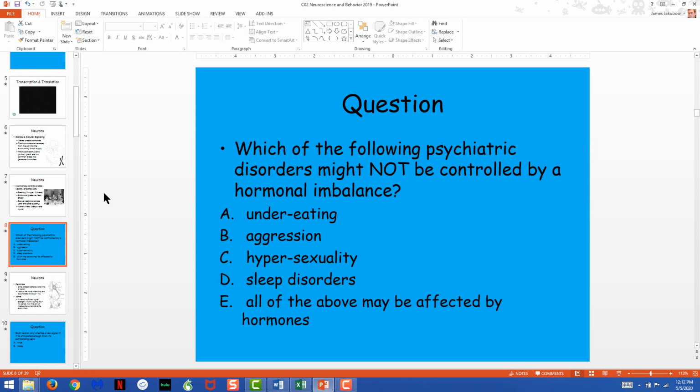And the correct answer there is E. All of the above may be affected by hormones. Undereating, which was anorexia, aggression, so that the area of the brain that controls aggression, which is in part the amygdala, which is an area of the brain we'll look at later in this chapter, can be stimulated from various reasons.